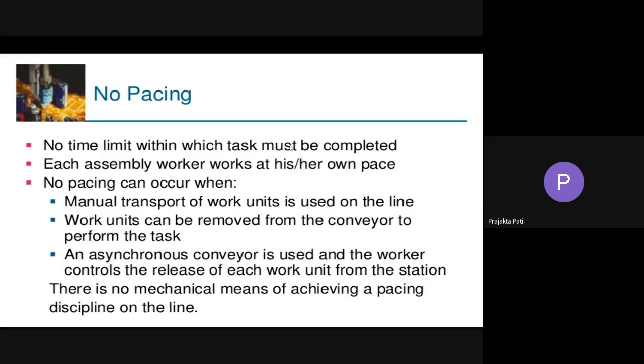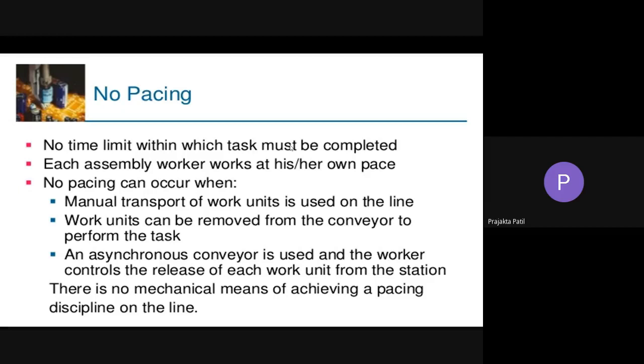So the third level of pacing is when there is no pacing, meaning that there is no time limit within which the task at the station must be finished. In effect, each assembly operator works at his or her own pace. This case can occur when manual work transport is used on the line.